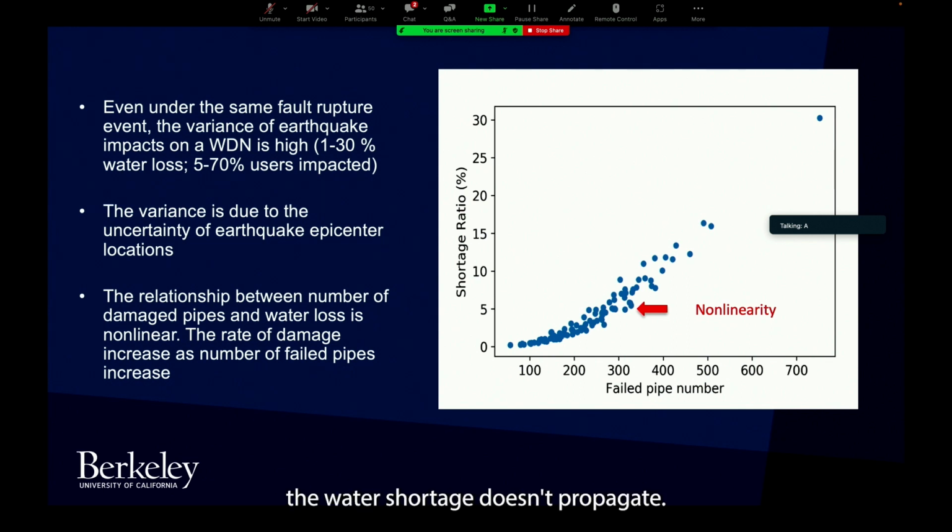The water shortage doesn't propagate, it's just a very localized water shortage. But once you have more pipeline breaks, they start to interact with each other, and you have a much larger coverage of water shortage. That's what you see over here: this particular curve is nonlinear. Therefore, the interaction of the water network creates an additional effect in terms of shortage.